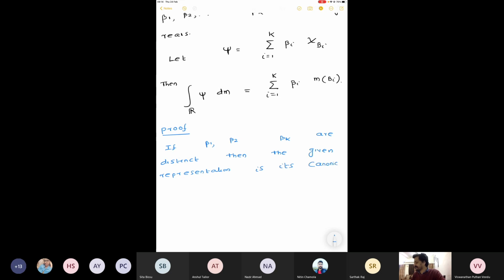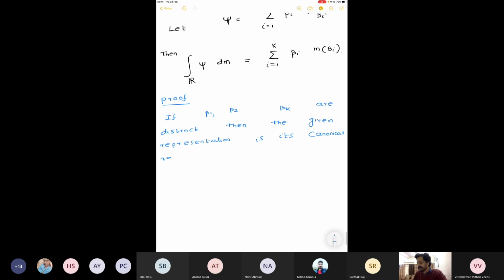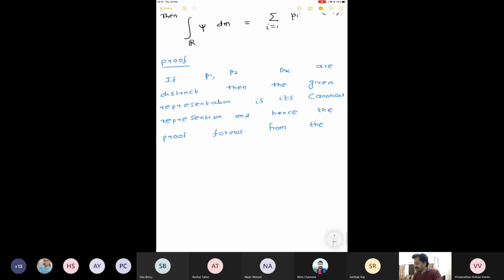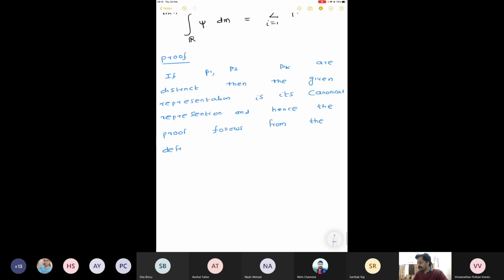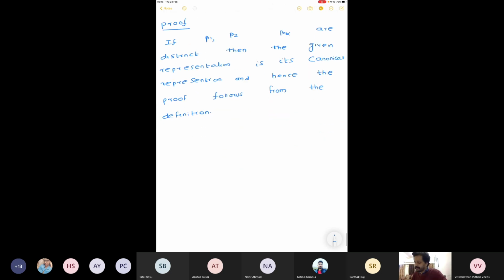You should convince yourself that it is a canonical representation, and hence the proof follows. Proof means the integral being equal to this follows from the definition. That is how we defined the integral of a simple function once it is in canonical form. Now suppose it is not in canonical form.